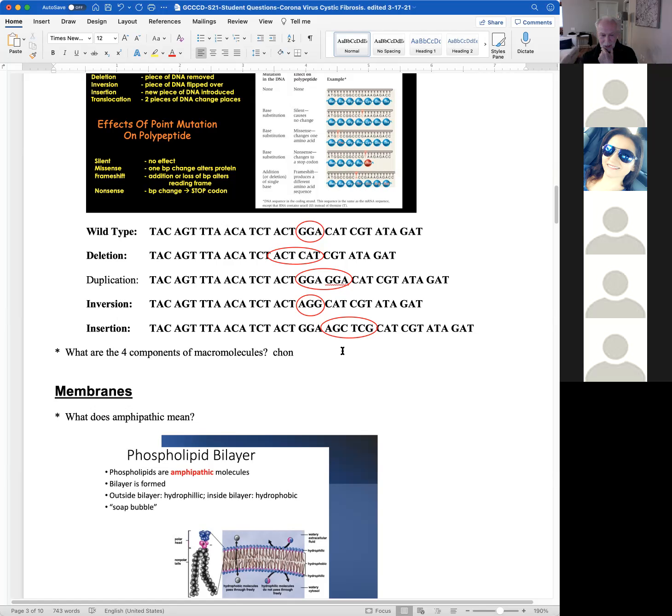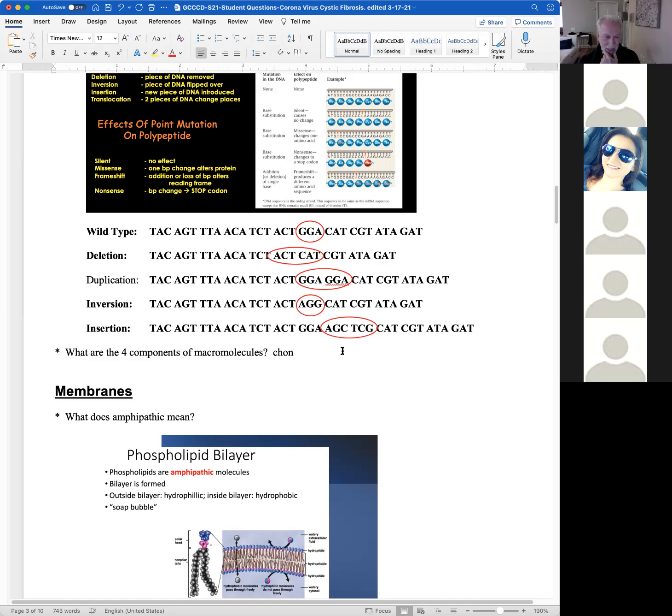Yeah, but what are the monomers made of? For carbohydrate, it's monosaccharides. Yeah, but what are monosaccharides made of? Monosaccharides are made up of carbon, hydrogen, and oxygen.